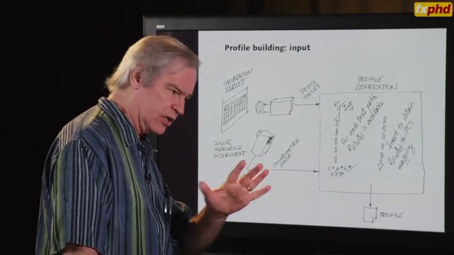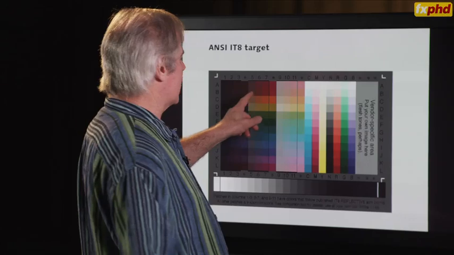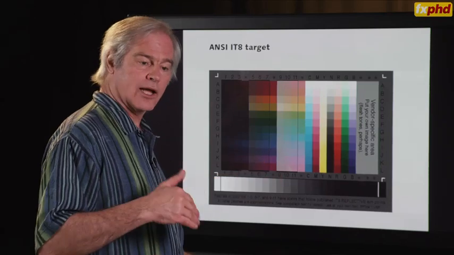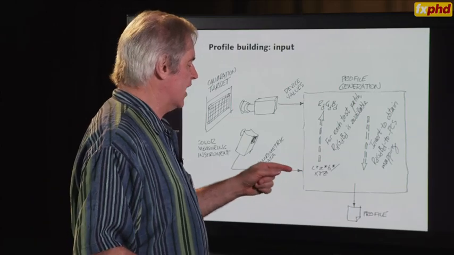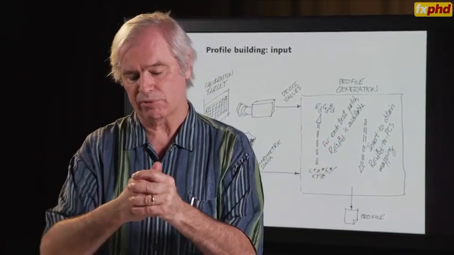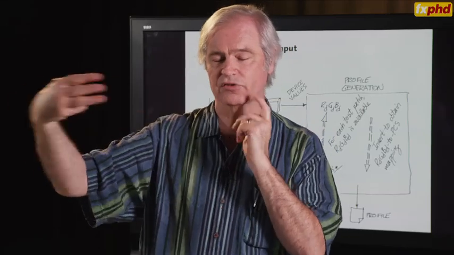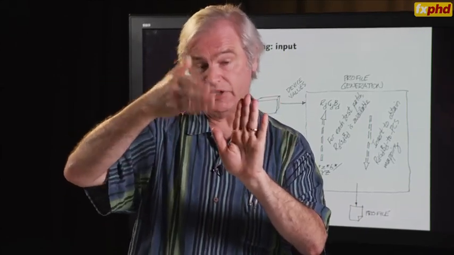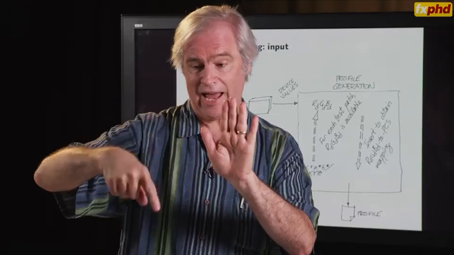Now, I'm not going to spend a lot of time on this, but it turns out that if you make the target so that it has relatively evenly spaced color measurement values, then the task of building the profile, the input mapping profile, its job is to take device values, and they're equally spaced, carved into, let's say for the sake of argument, 16 bins on each of the three axes.